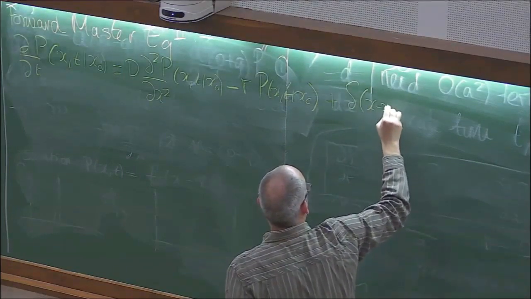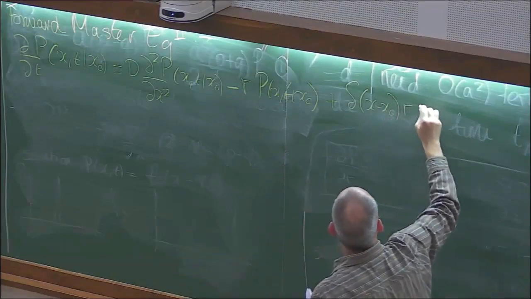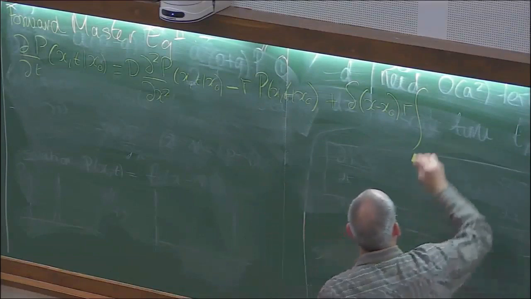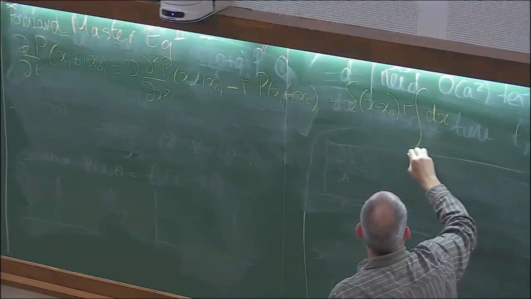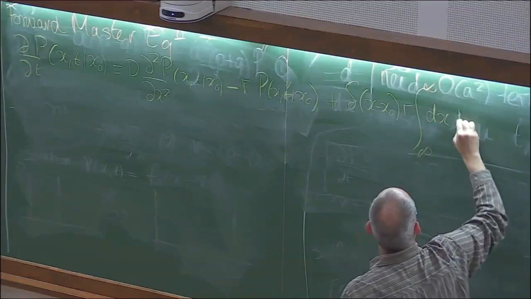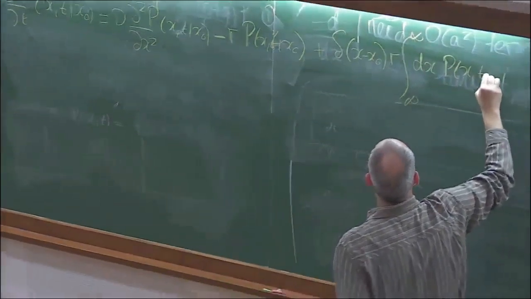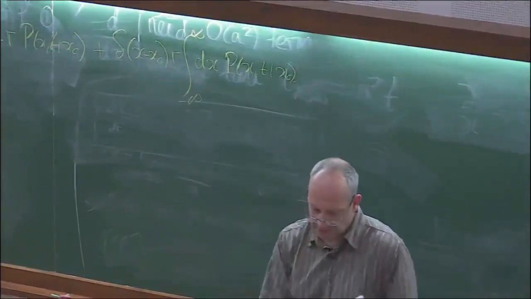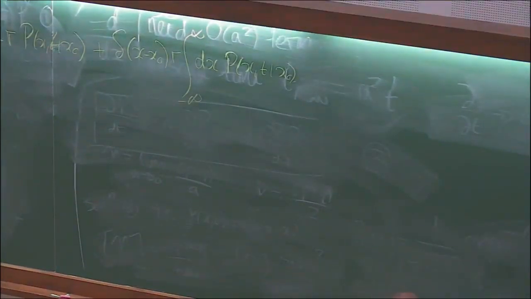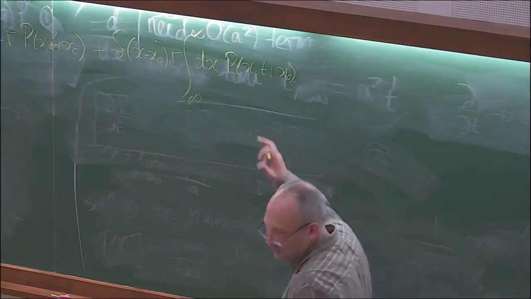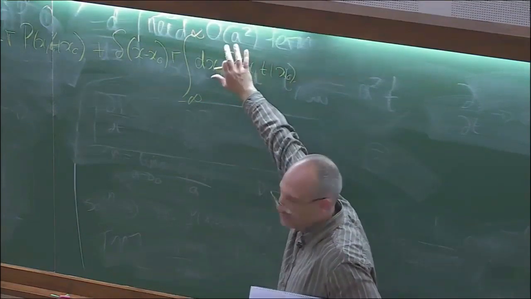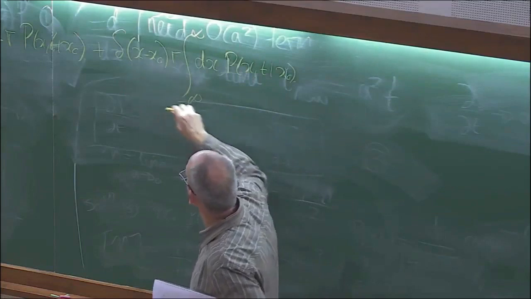It's r, and I'm resetting from all positions, so I integrate over x from minus infinity to infinity of P of x, t, given x naught. This is because I'm resetting to x naught from anywhere. But because the probability is conserved, the integral of the probability is 1. So this term is just 1, and I just get an r.